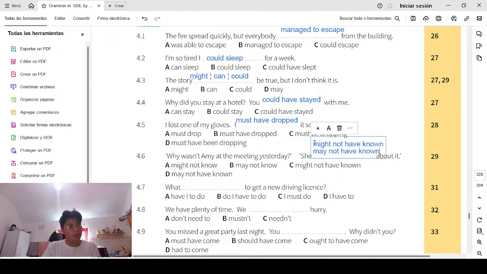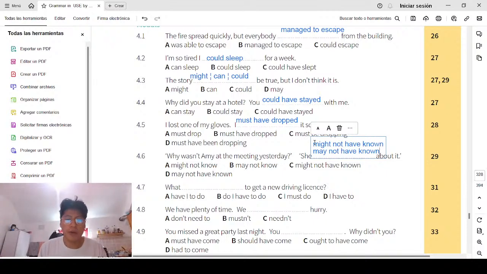Because we're talking about possibilities. In that case, why wasn't Amy at the meeting yesterday? So first of all, you have to try to guess what the tense is. In this sentence, the tense is the past, right? Yesterday, the past. So okay, she might not have known about it. She may not have known about it, right?